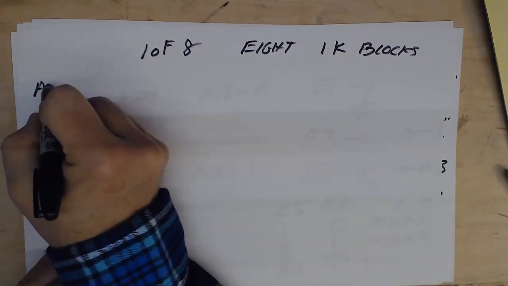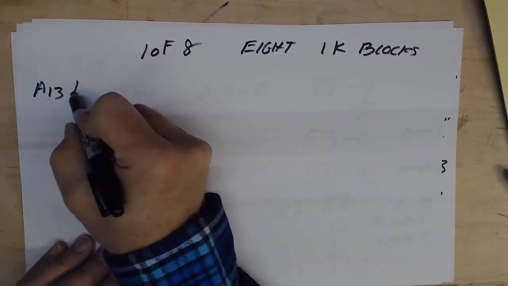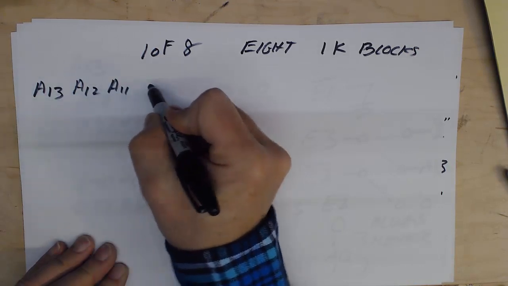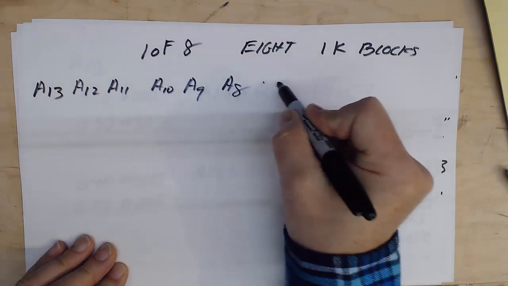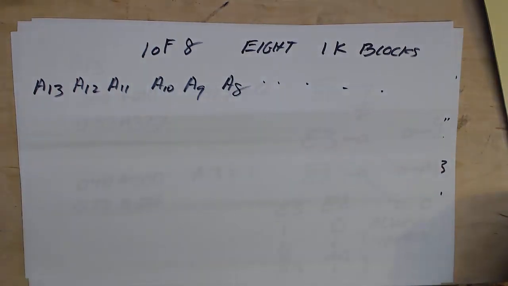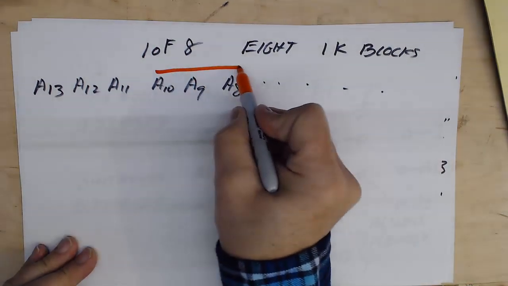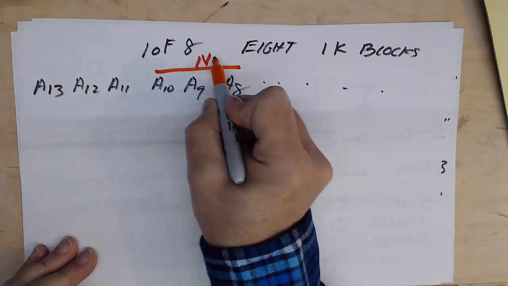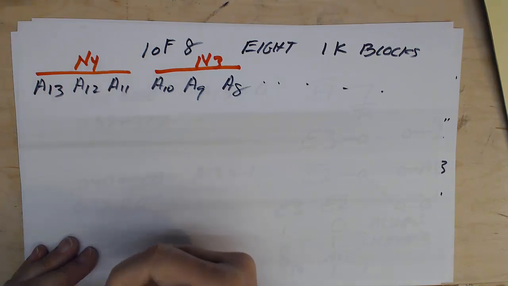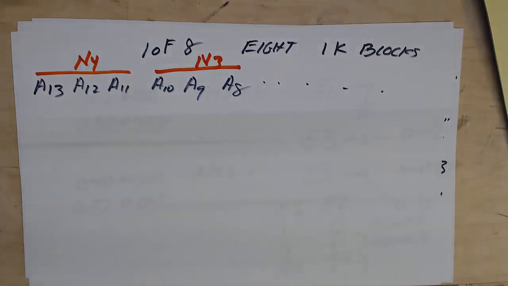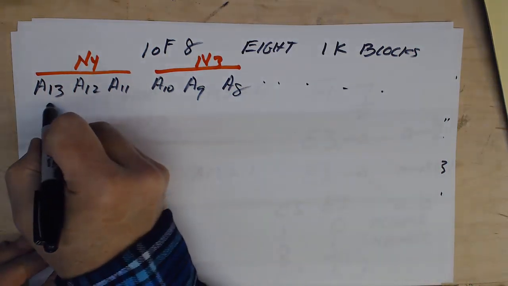So we're going to do from A13, we're not going to do the lower ones. And remember this A8, 9, and 10, that's what we would normally call N3. These guys are N4, and N5 is, they're just 0, 0 on this. Okay, so let's go ahead and do this truth table.